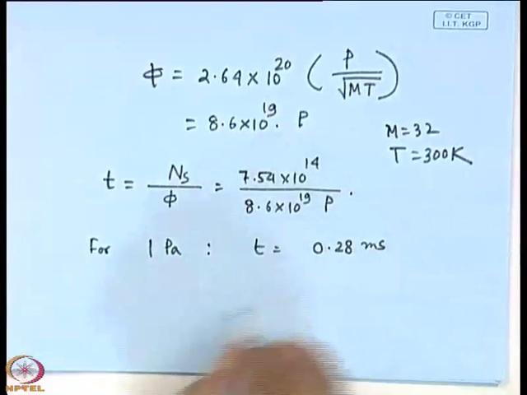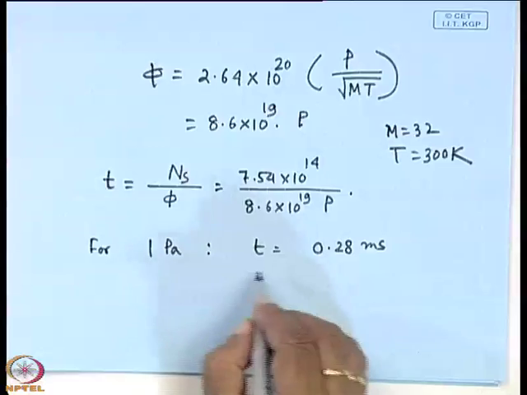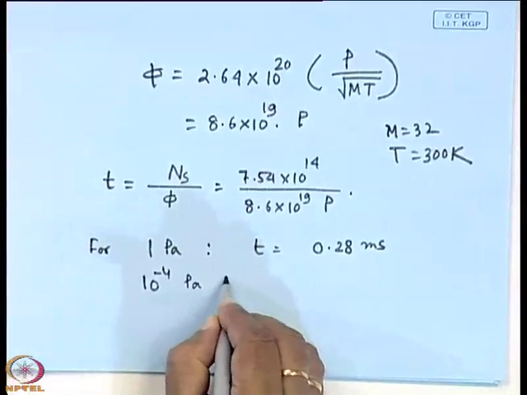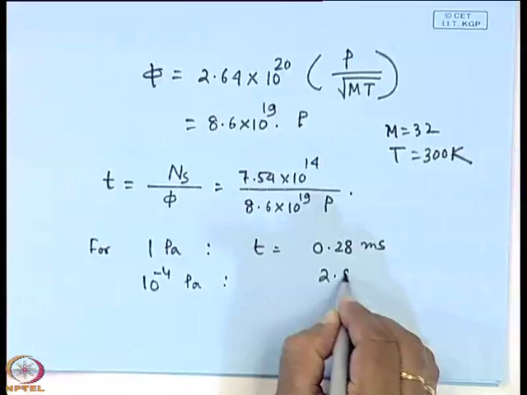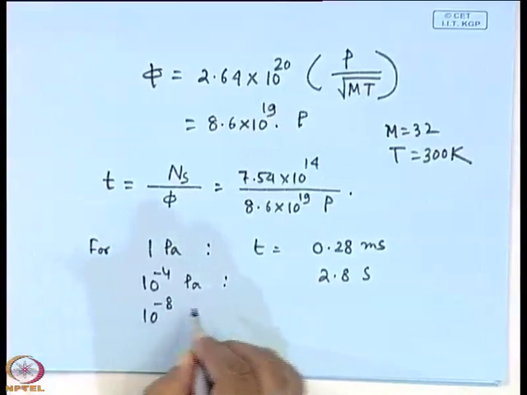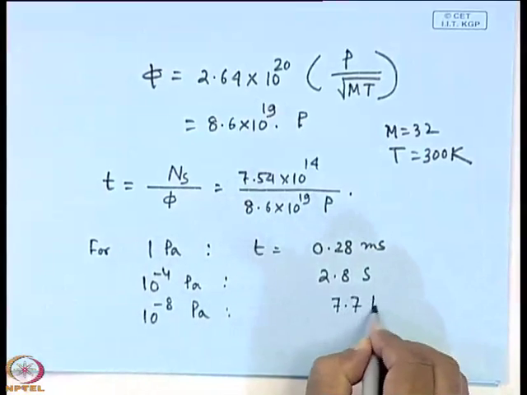You can calculate it at home and you will find that t is 0.28 millisecond. For 10 to the power minus 4 Pascal, it is 2.8 second, and for 10 to the power minus 8 Pascal, it is 7.7 hour.